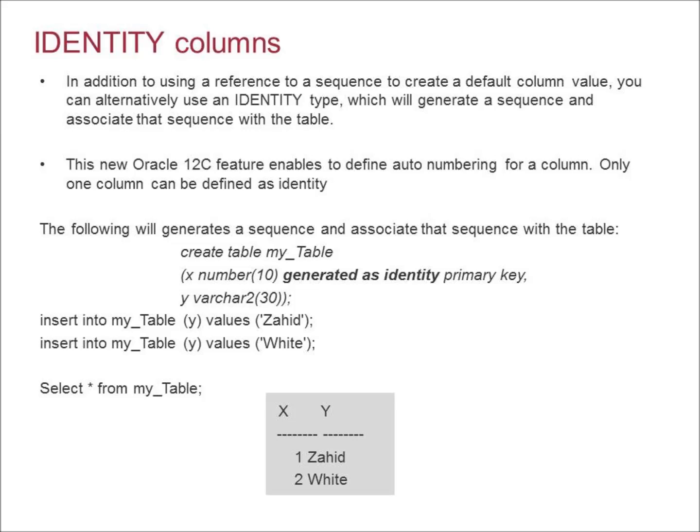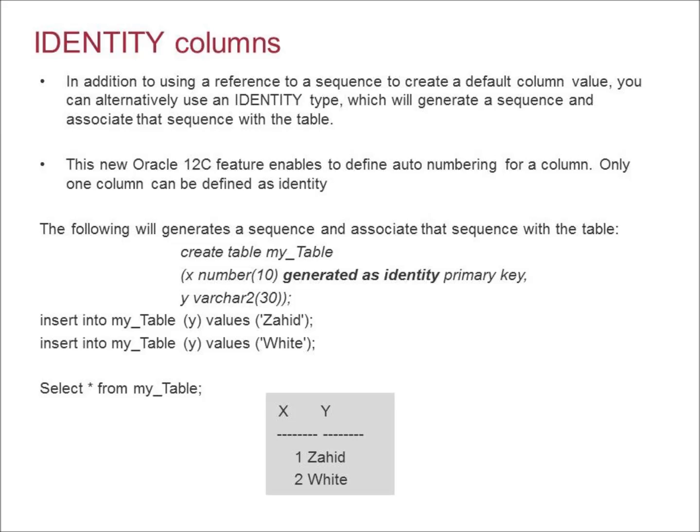So now when I insert into my table, I'm inserting Zahid and then the second column, white. Then I do select star from table. The X values are generated automatically. So if you notice, there is no need to create a sequence.